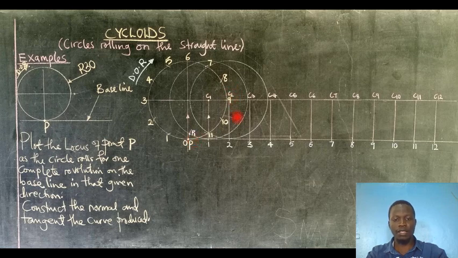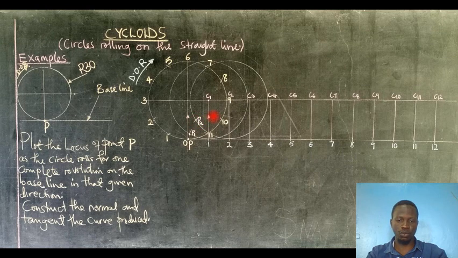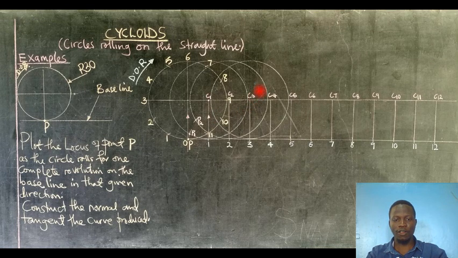At C2, you also draw the circle of the same radius. Then to mark point 2, you take your compass radius of the small arc, you mark off twice, once, twice, and you get that point P2, as you can see. When you go to C3, you also put the circle, mark 3 times, and you get point P3.